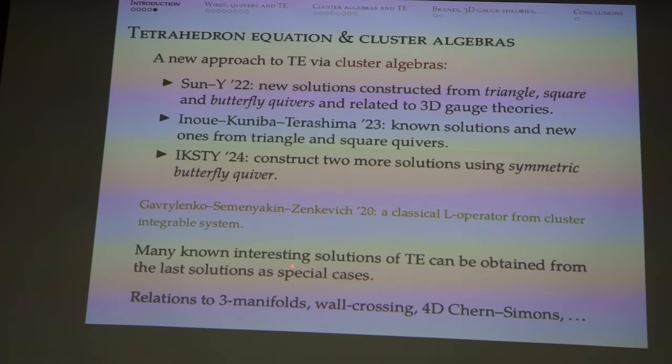And moreover, it seems that there are relations to the geometry of 3-manifolds through something called the 3D correspondence, which is related to 3D gauge theories, and also seems to be related to wall-crossing phenomena of BPS particles in 4D N=2 supersymmetric gauge theories, and can also be related to something called 4D Chern-Simons theory. I will probably mention a little bit about these.